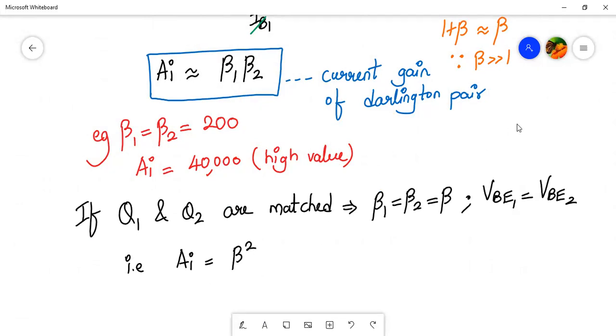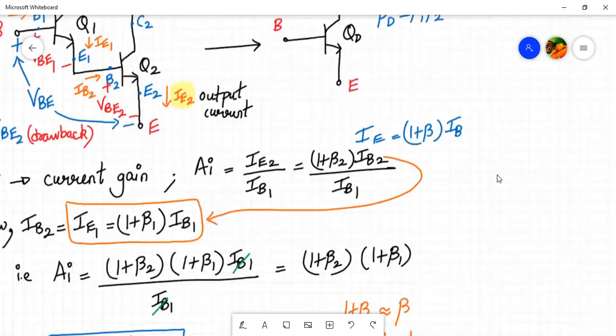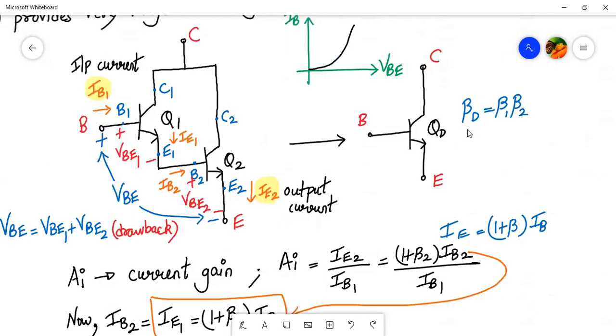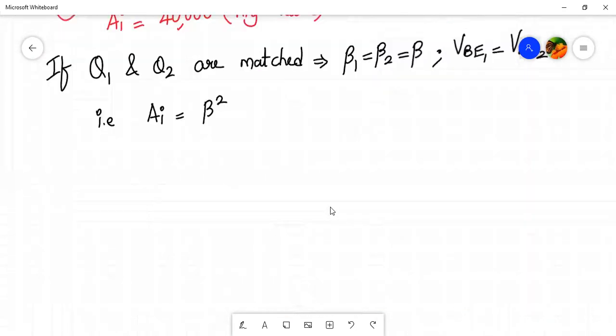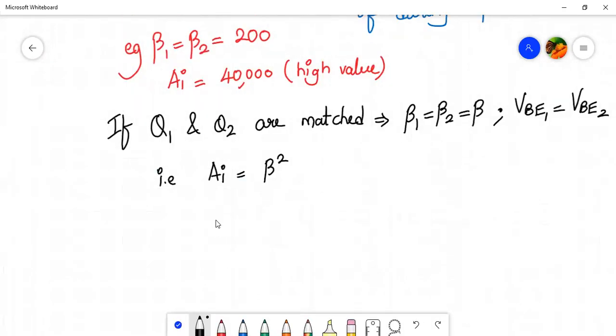That's why over here, if you can see, in case of this Darlington pair symbol, we have written beta d is beta 1 into beta 2, right? So that was the current gain. All right. Since beta value is normally in terms of 100 or 200, 100 square, 200 square is a very large value.